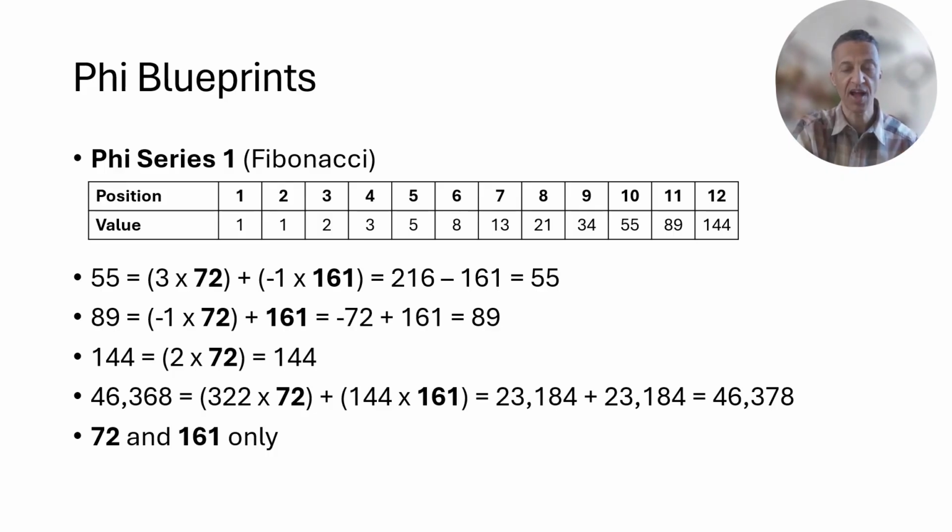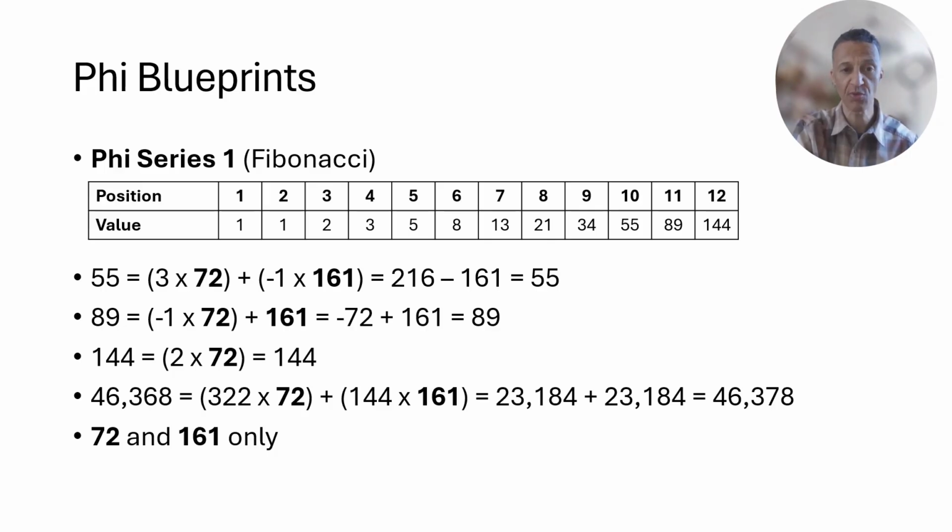So if we look at 55 at the 10th position, it is equal to 3 times 72 plus minus 1 times 161, and that will equal 55. For 89, it's minus 1 times 72 plus 161. That equals 89. And for 144, very straightforward, it's 2 times 72.